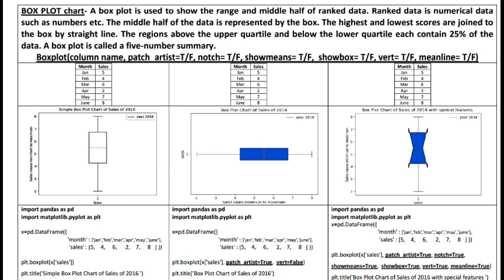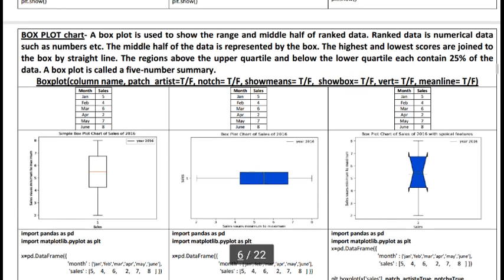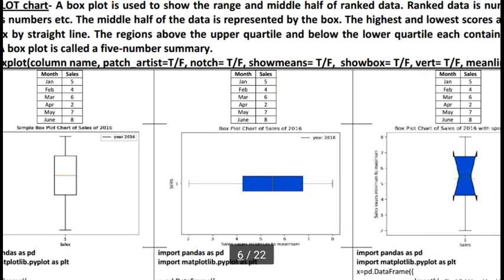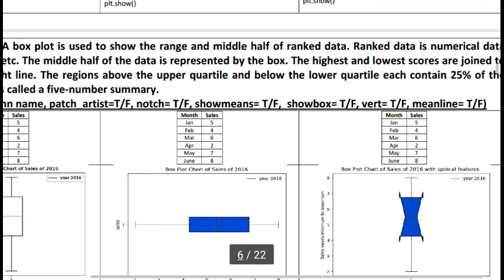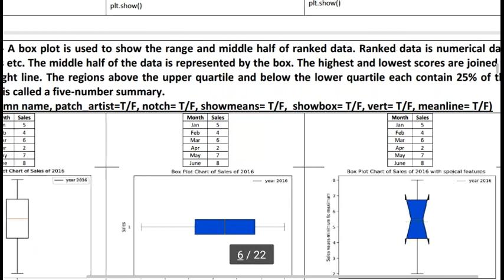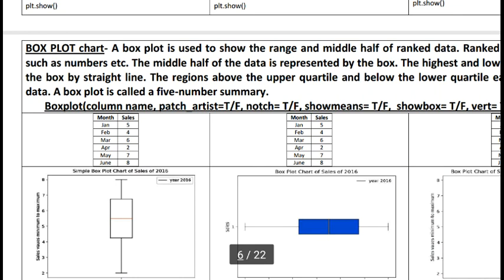Okay, so a box plot is used to show the range and middle half of rank data. Rank data is numerical data such as numbers, etc. The middle half of the data is represented by the box.